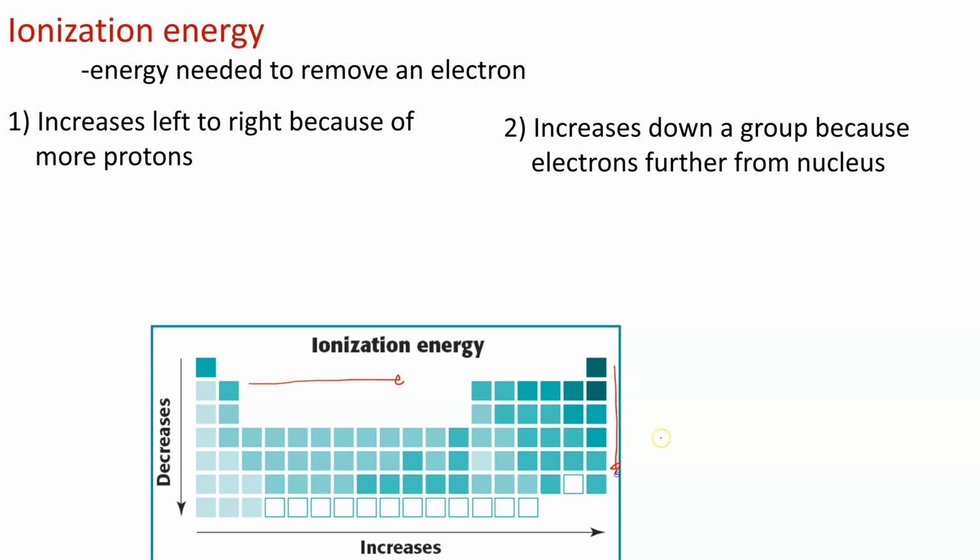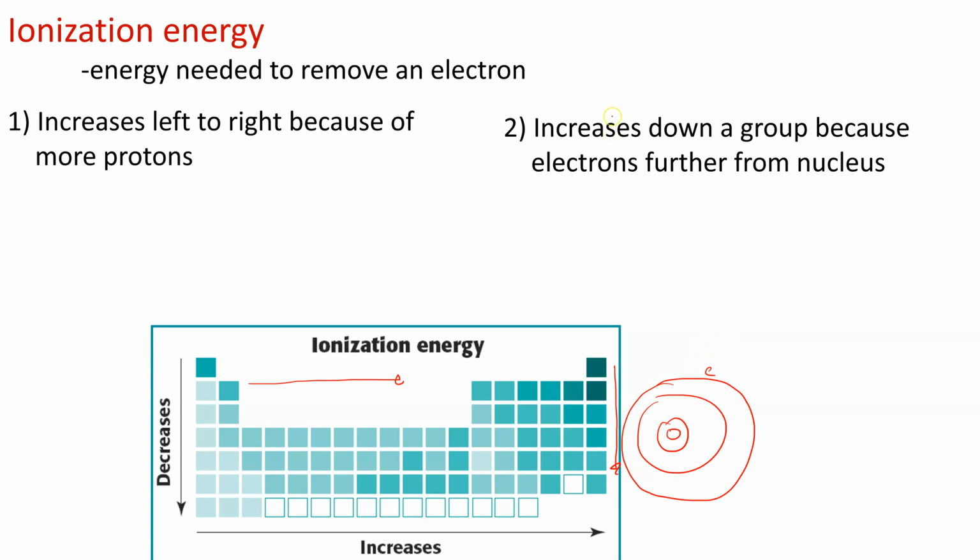Down a group, what happens? Remember, the atom gets bigger and bigger and bigger. You're only going to be removing valence electrons, so electrons in the outermost shell from the nucleus. As you go down, that electron's further and further away from the nucleus. So what does that mean? Less attraction. So what does that mean? Easier to remove.